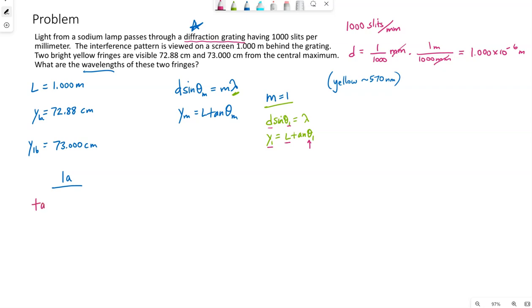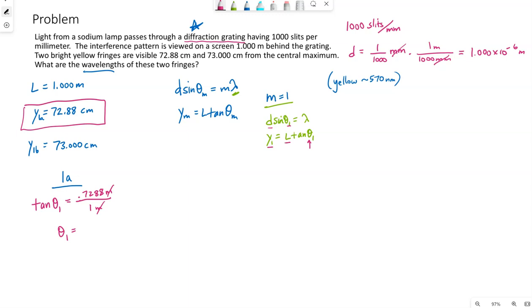So tangent of theta 1, using this first y1 value, will be y1 over L. Now I do want to watch my units here. These units need to cancel in order to take the inverse tangent of both sides.